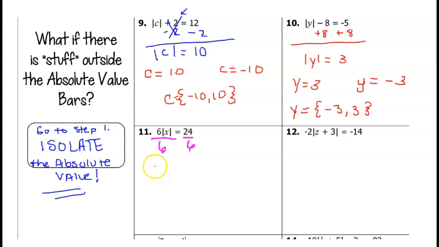Does everybody see that? Yeah. So we'll end up with the absolute value of x equaling 24 divided by 6, which is 4. And then I'll go through my same steps, right? x equals the positive of 4, and x also equals negative 4. My solution set, x equals negative 4 and positive 4.